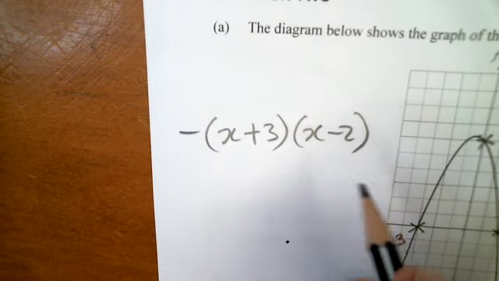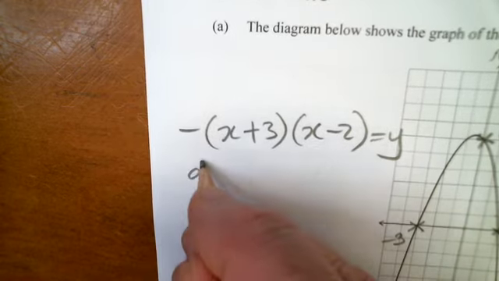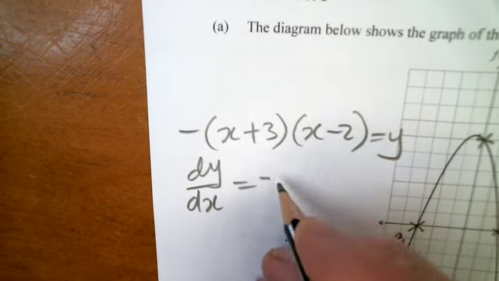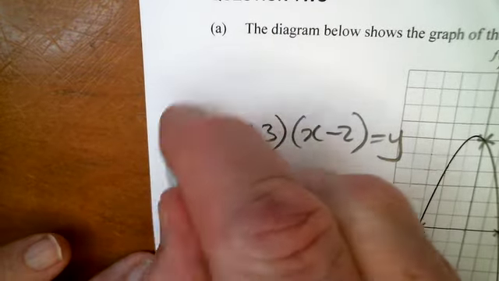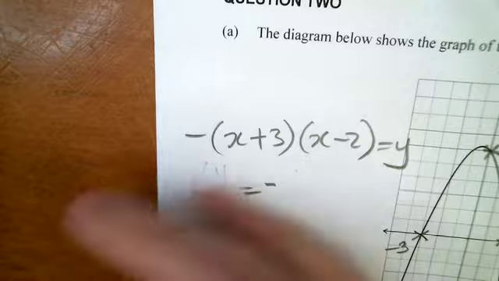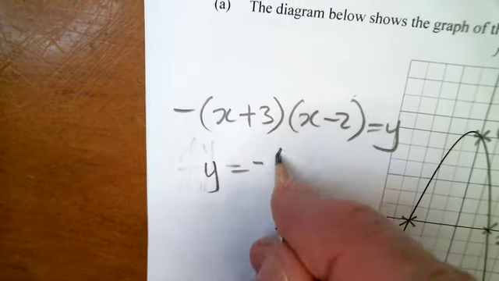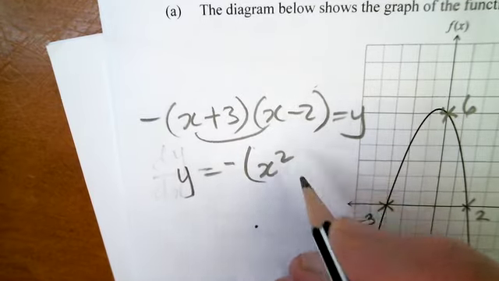So I'll put y equal to that. Now let's differentiate y with respect to x. I'll put a negative out the front here. Well, actually, no, I'm going to expand it first. Let's go ahead and expand this thing, that would be a good move. So y is equal to negative, and x times x is x squared.